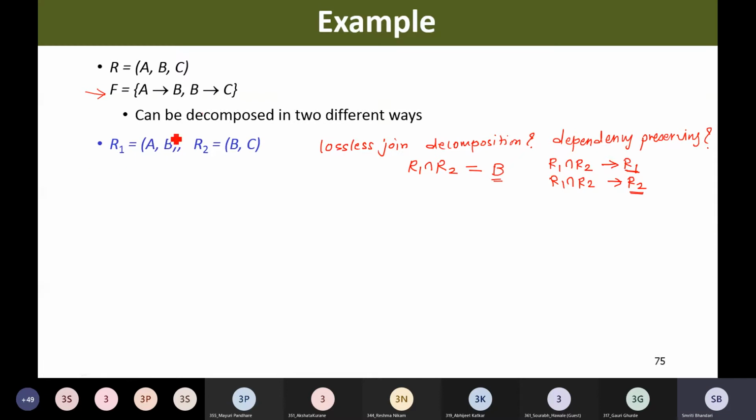Now, let us test whether this B is a super key for R1. How to find out whether B is a super key of R1?